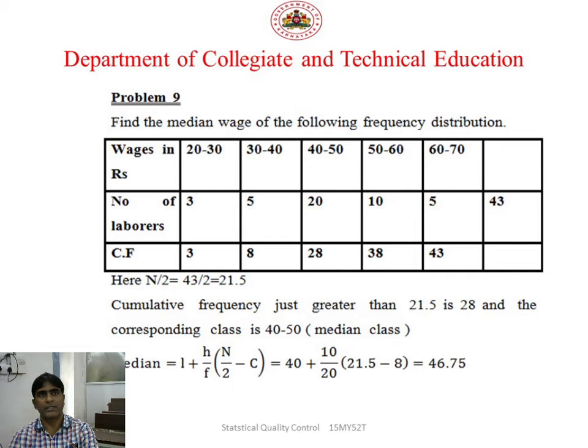Here c is 8. The c value is the preceding cumulative frequency: the value just before the median class, where we got 28, is 8, which we have taken. Do the calculations, all of you, and see what answer you get.